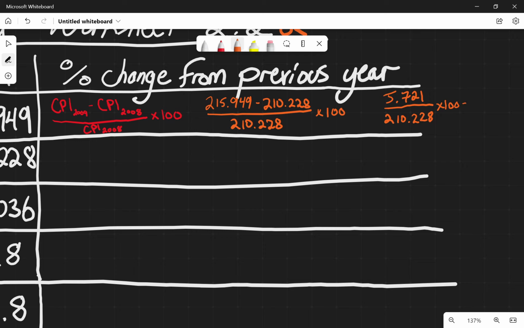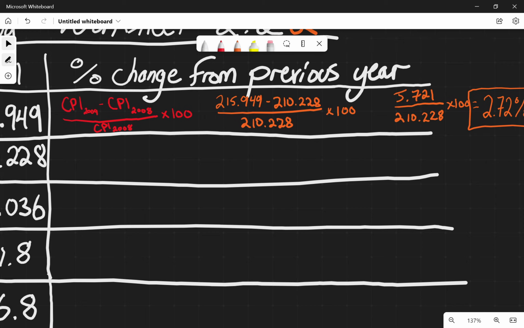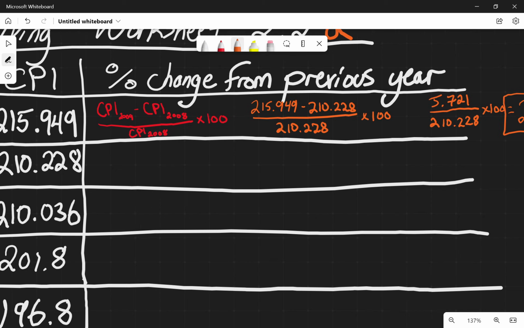And we end up with 2.72%. Positive. We don't need to put positive, it's just by default positive. If it was negative, we would definitely need to put negative. Sometimes prices do fall, as we saw in class during the CPI data for the Great Depression, right? Okay, let's keep on working.